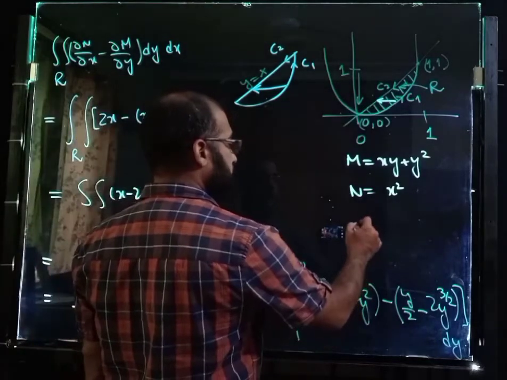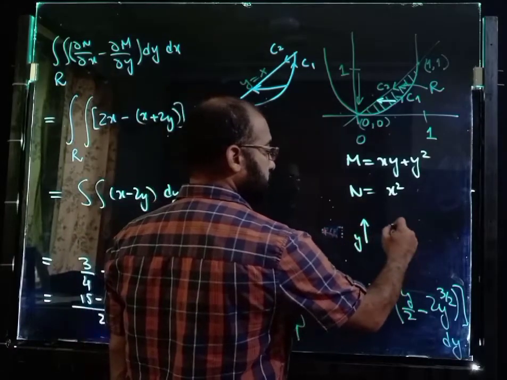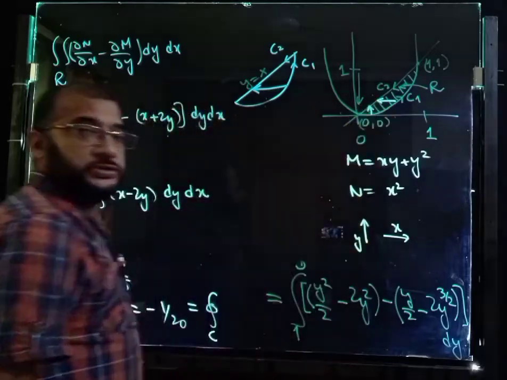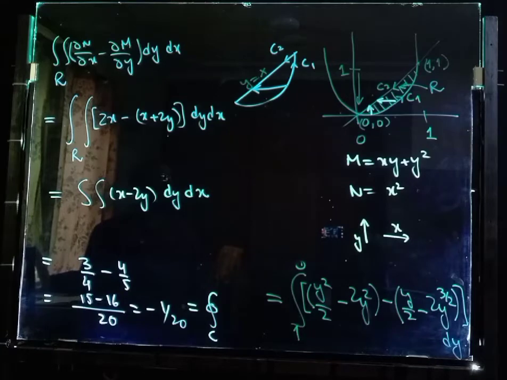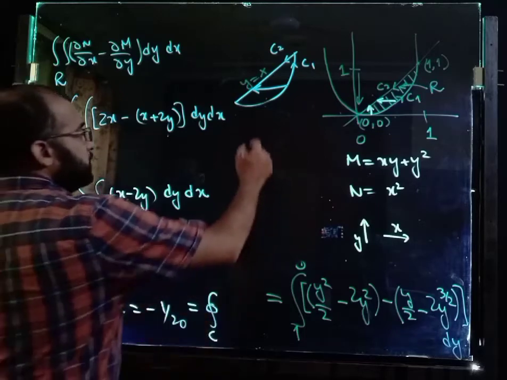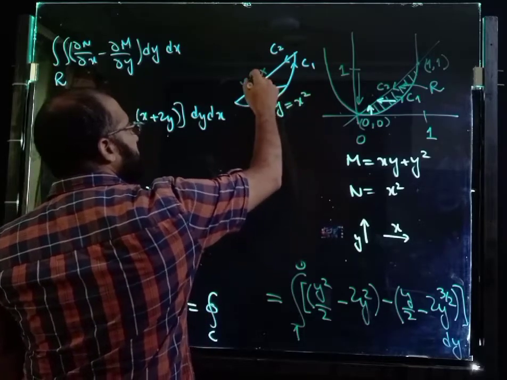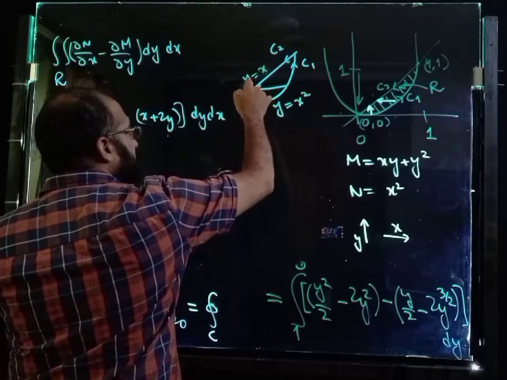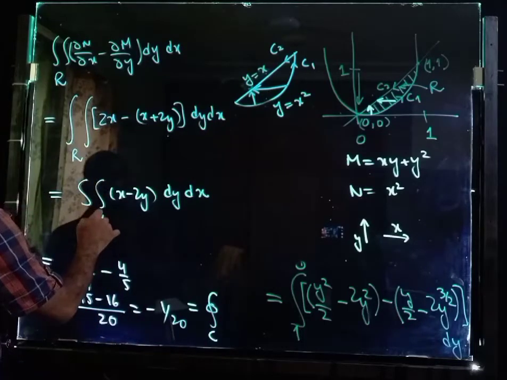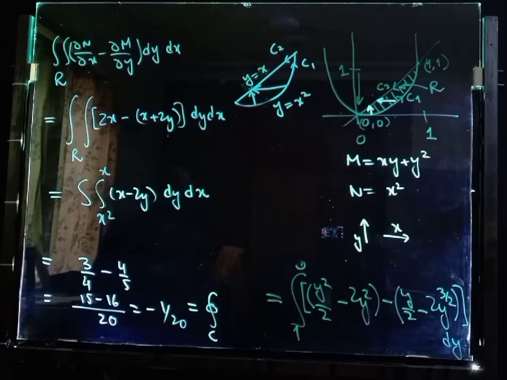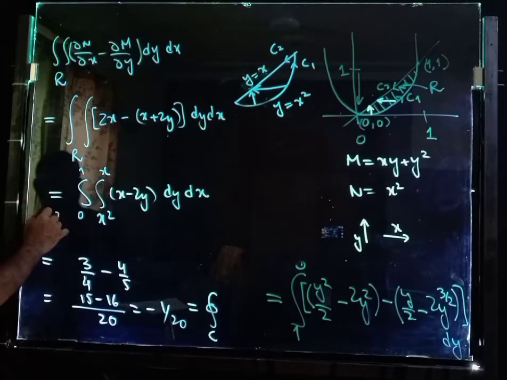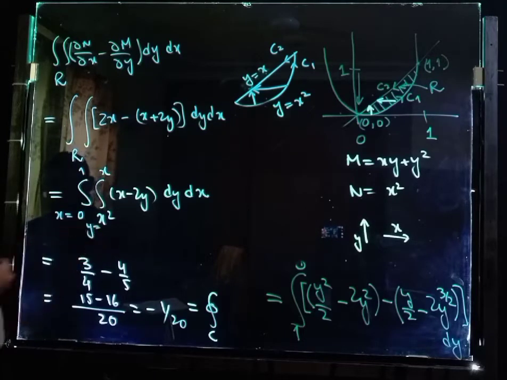We have to choose y vertically and x horizontally. So from C1 to C2 I will choose y. This curve is y equal to x square and this is y equal to x. So vertically I can choose from x square to x, and what is x? From 0 to 1. This is x and this is y.